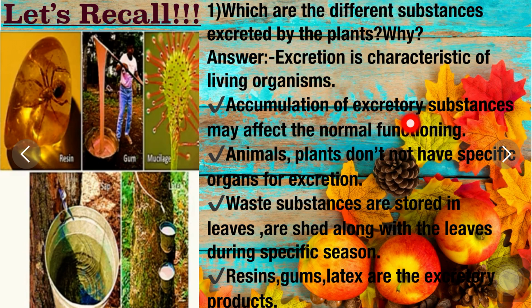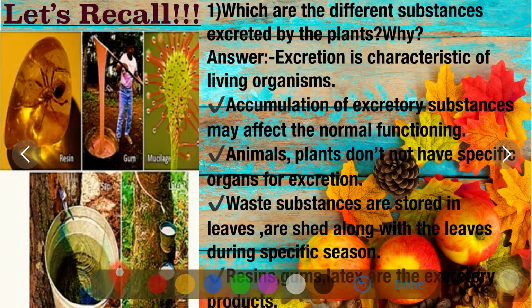Accumulation of excretory substances may affect normal functioning. Unlike animals, plants don't have specific organs for excretion. Waste substances are stored in their leaves, which are shed during a specific season. Examples of excretory products are resins, gums, latex, etc.